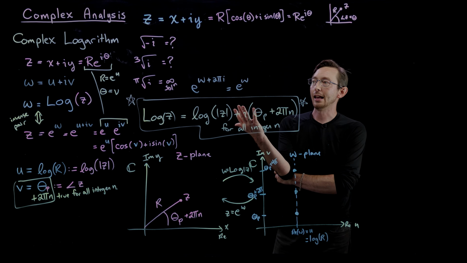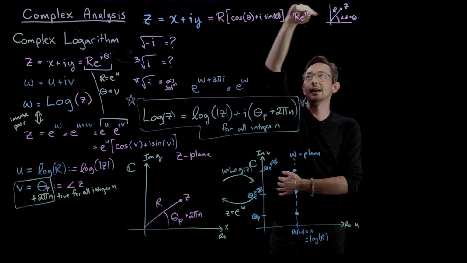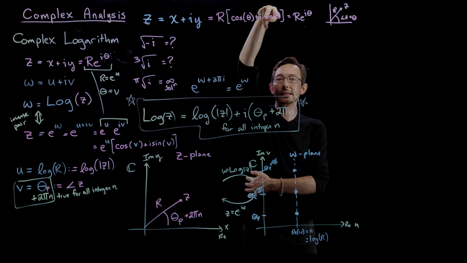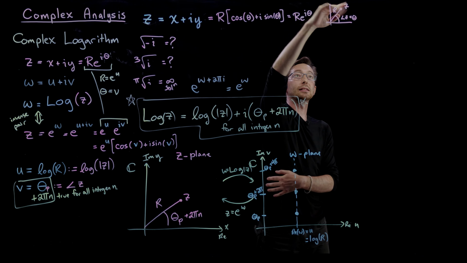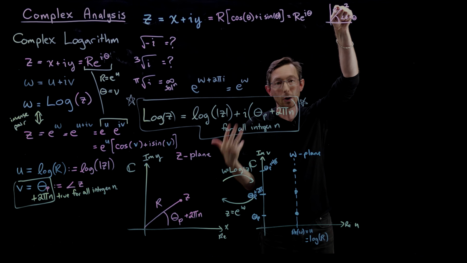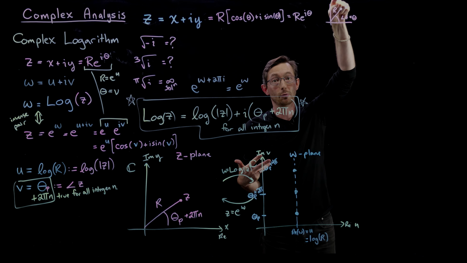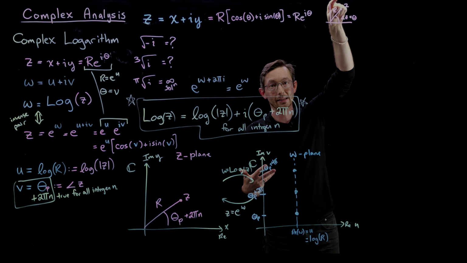And why is that the case? That is the case because if I add 2 pi to this theta, cosine theta and sine theta don't change. Because if I define z as r e to the i theta, I could equally well define it as r e to the i theta plus 2 pi, plus 4 pi, plus 6 pi.